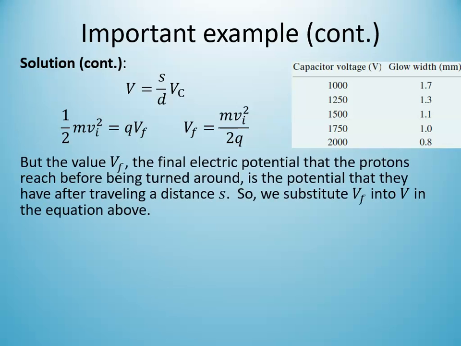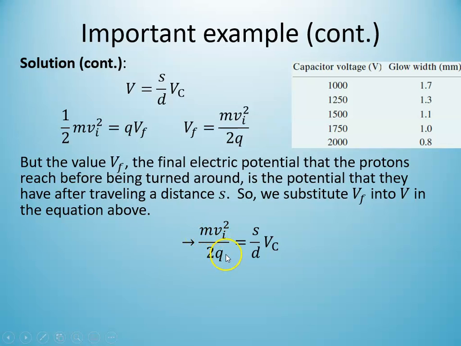But that's the final potential that the protons reached before being turned around. So that's the potential that they have after traveling a distance S. So we're going to substitute that V final into the V equals S over D times V sub C equation. When we do that, we get this result. Now, m is the mass of a proton, that's a constant.